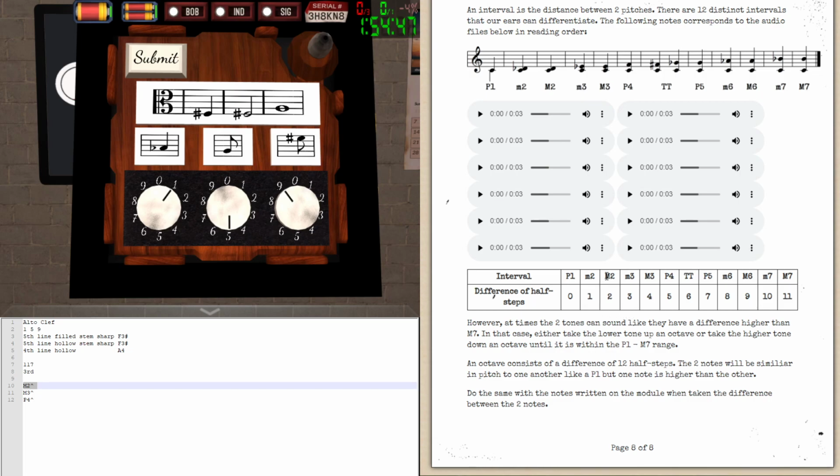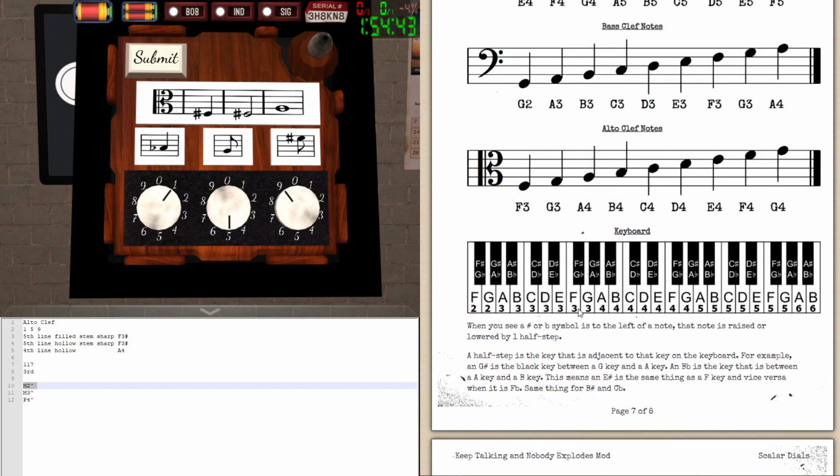And this is a major second, which is a difference of 2 half steps. So I'm going to go up, including any of the black notes in between, 1, 2. This is a B4. The note being played here is definitely a B.